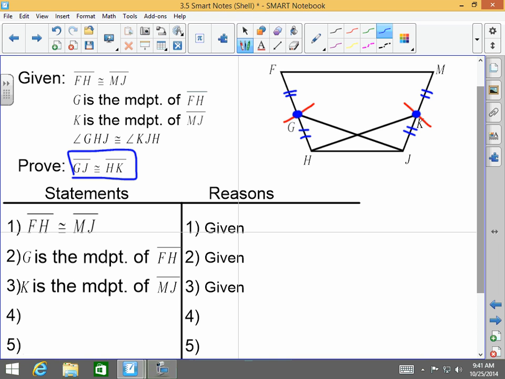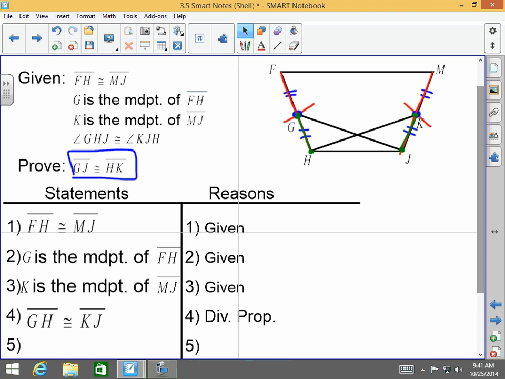Now the reason why I put two tick marks on everything is because we had stated that FH is congruent to MJ, right? So all of those parts are congruent because of the division property. So I know that GH, which I'll mark in green here, is congruent to KJ because halves of congruent segments are congruent, or in other words, the division property.